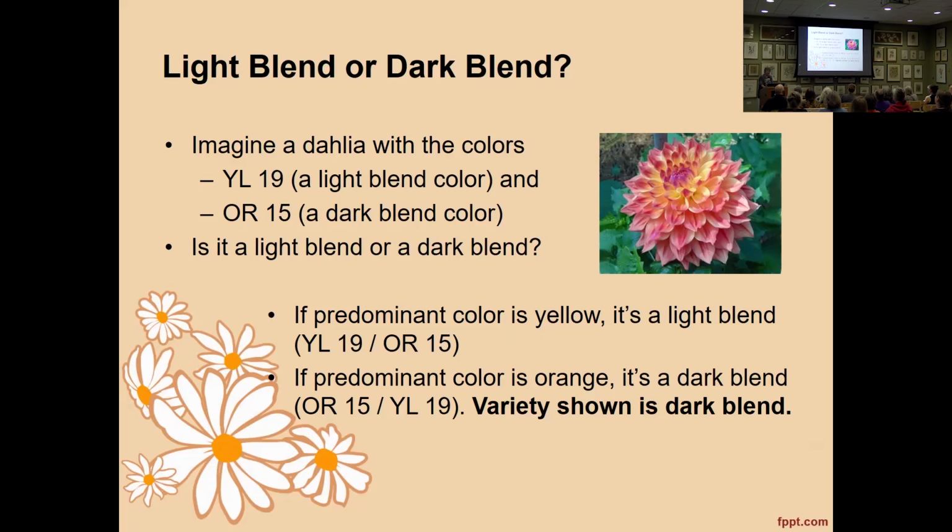If it's orange 15, yellow 19, where yellow is not the predominant color, it would be a dark blend because the orange is a dark blend color.